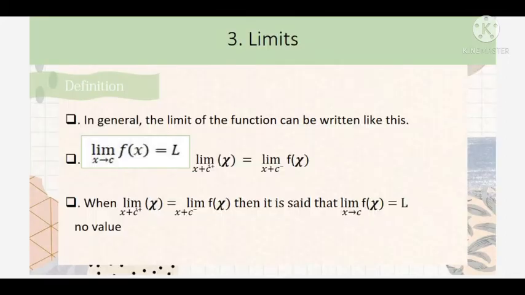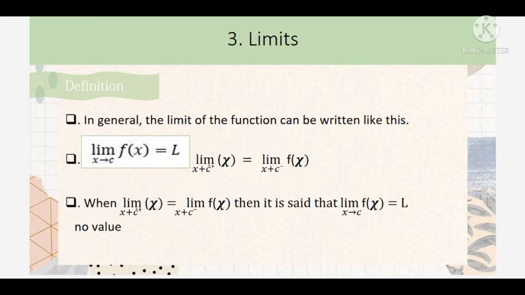The next third is limits. The definition: in general, the limit of a function can be written like this. Lim x approaching c f(x) equals L, if lim x approaching c from the positive side of f(x) equals lim x approaching c from the negative side of f(x).